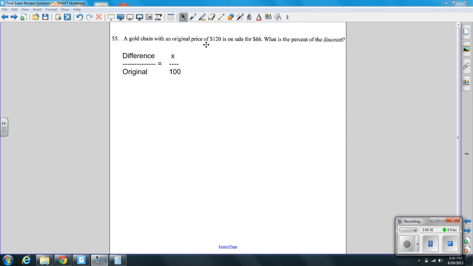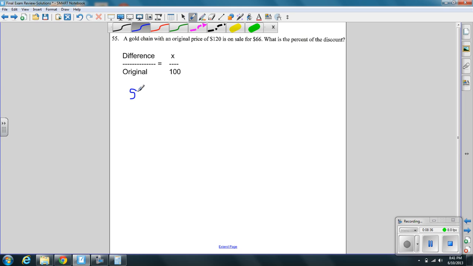So the difference is 120 minus 66, we get 54, over the original price, which is 120. And we set that equal to X over 100. Okay, now we take the cross product.